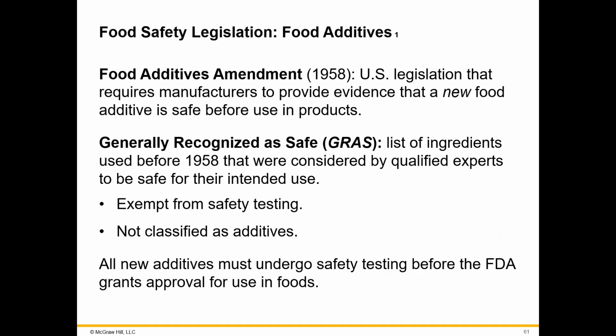And then you have GRAS, generally recognized as safe. This is a list of ingredients that have been used before 1958 that were considered by a set board of experts to be safe. This is another list that is currently being, or at least discussed as far as being updated, this long list of generally recognized as safe additives. So be on the lookout for that over the next few years.